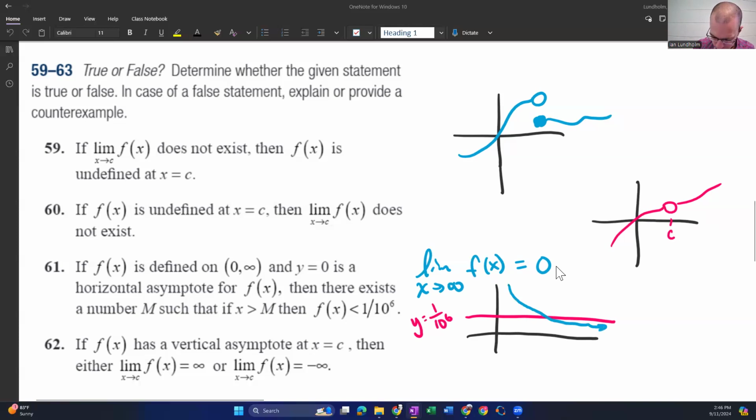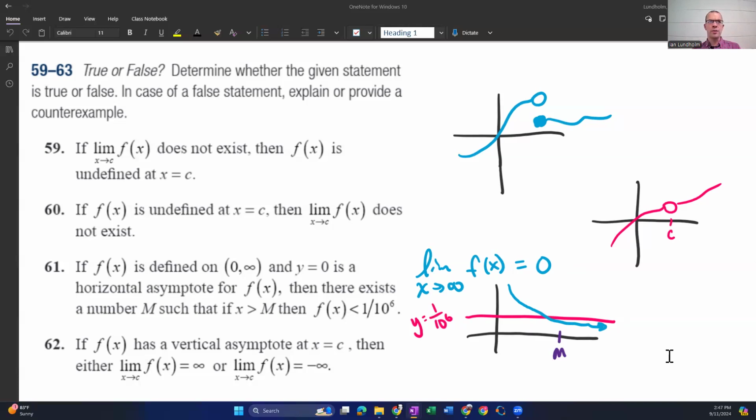And so it'll eventually approach 0. If we set m here, going past m, all of the y values of f of x are below that y value of 1 over 1,000,000 that we wanted to duck under. So this one, true.